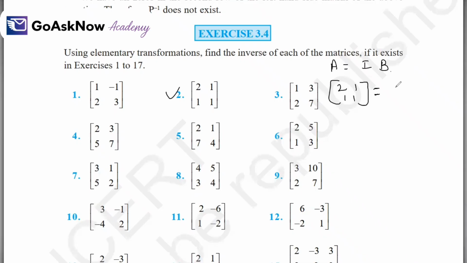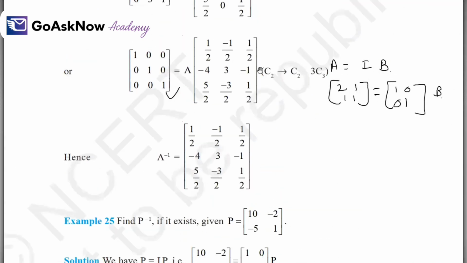So this is the process to find the inverse of any matrix.